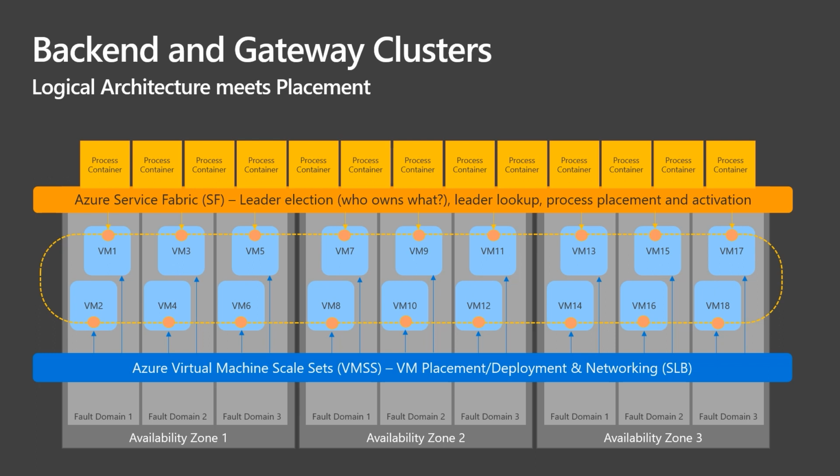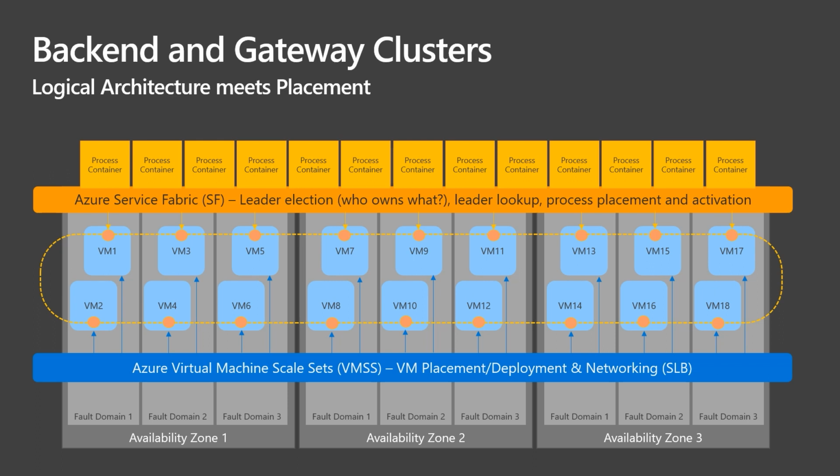And Service Fabric is also our hosting model, and that's where we activate the roles. So a process container is held by Service Fabric, and we're telling Service Fabric you can only place one role on a given VM, either a backend or a front end. How you choose this is up to you, so this is completely automated.